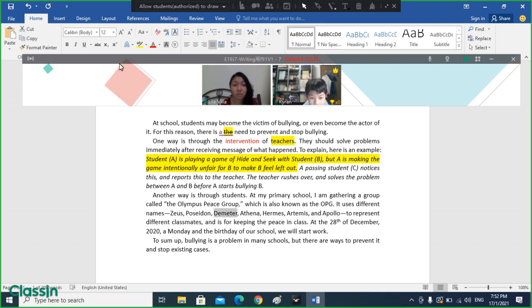Why? Because apparently I thought that Demeter was only a goddess of grain and wouldn't be very much useful for keeping the peace. Okay. To represent different classmates and this for keeping the peace in class.